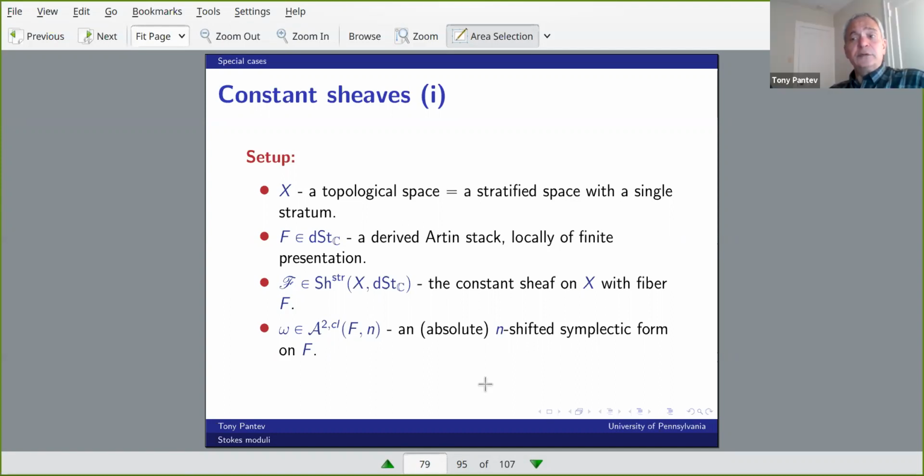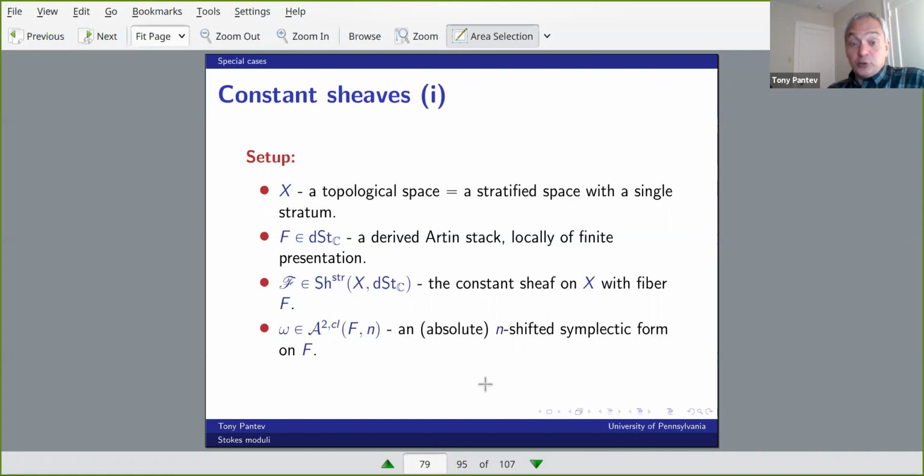I mean, the goodness will say that it's an oriented manifold. Now, if you have a derived Artin stack, which is nice, smooth, locally defined presentation, and you look at the constant sheaf with fiber that stack on that manifold, then you can ask what is the data of a relative symplectic form for that constant sheaf?